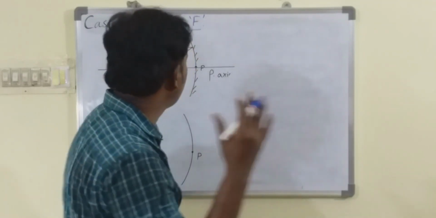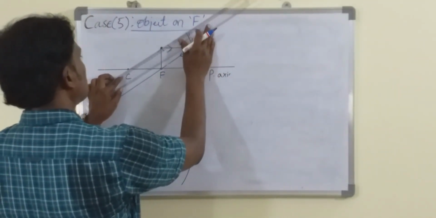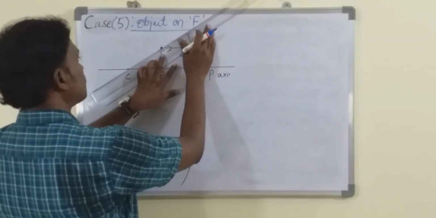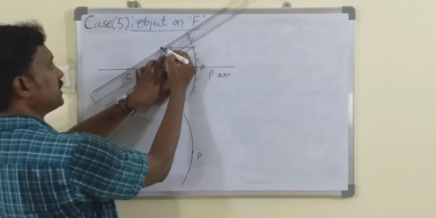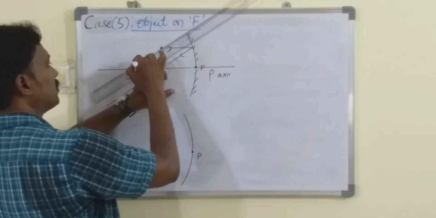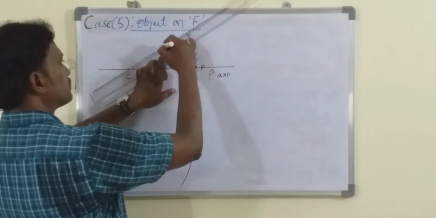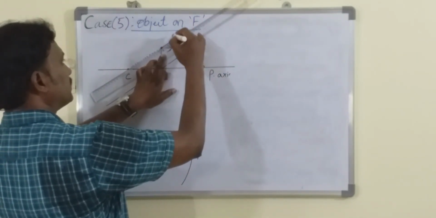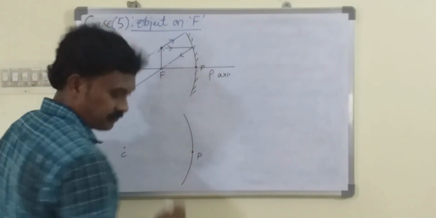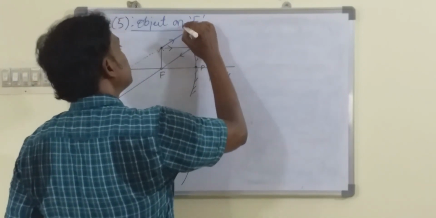So you have to draw a light ray from this particular point as if it is coming from C, like this. This is an incident light ray. So let me extend this.